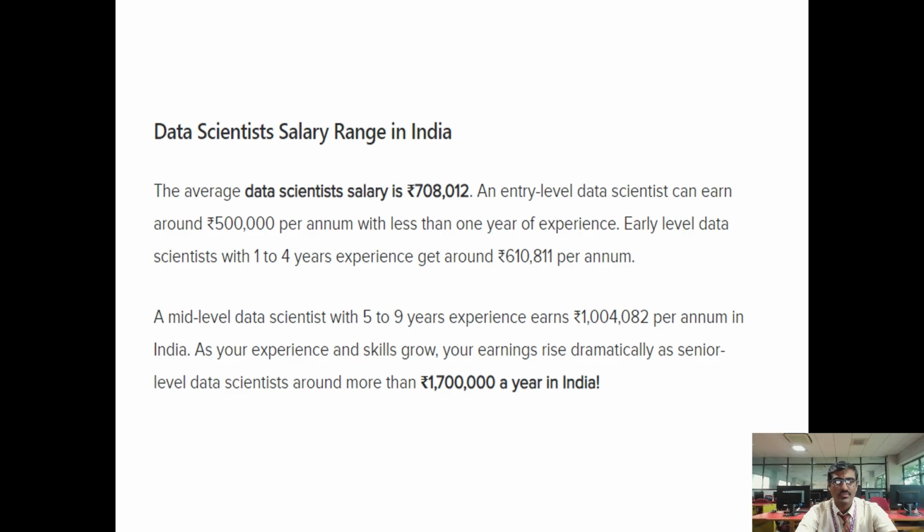Mid level data scientists with 5 to 9 years of experience can see the salary increase up to 10 lakh rupees per annum. As your experience and skills grow, your earnings rise dramatically. As a senior level data scientist, you can expect almost 17 lakh.